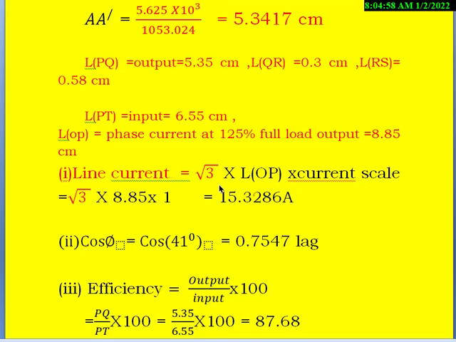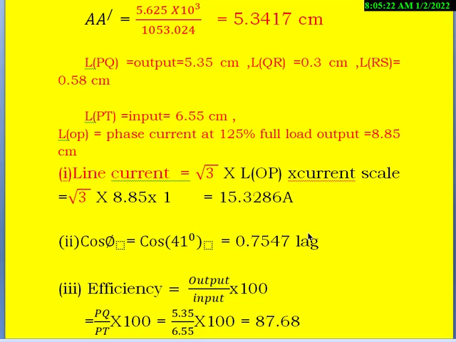OP is 8.85 centimeters, and the current scale is 1 centimeter equal to 1 ampere. So the line current at 125% of the full load is 5.3286 amperes.